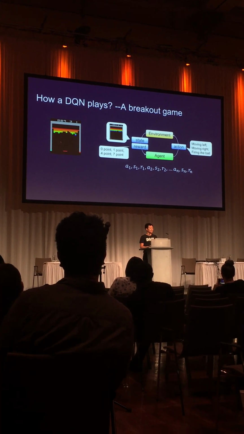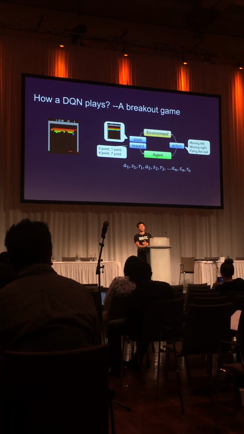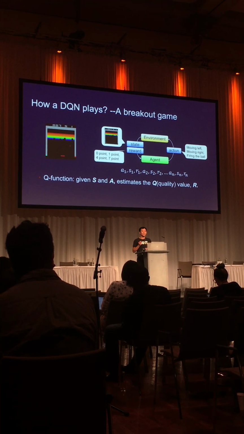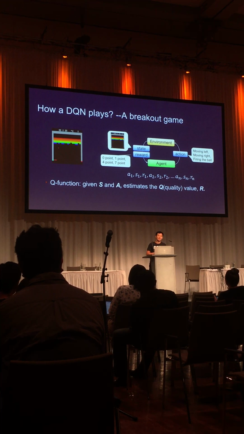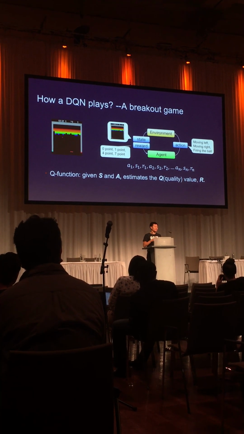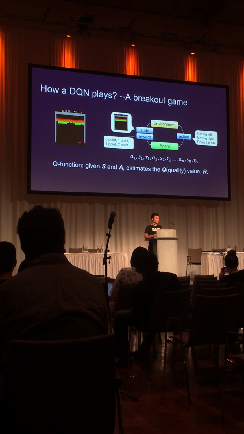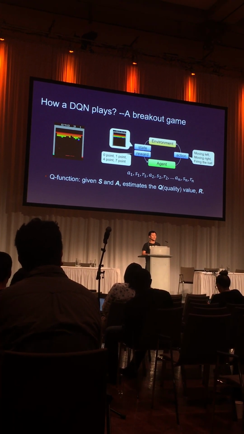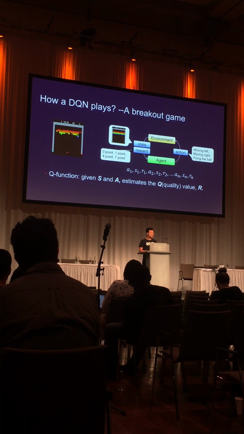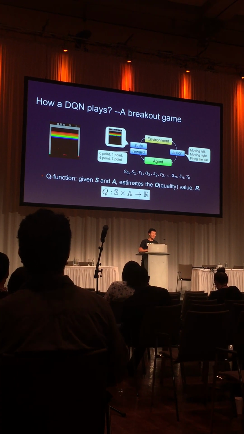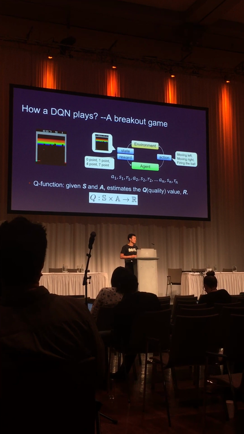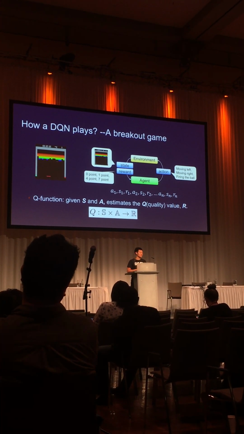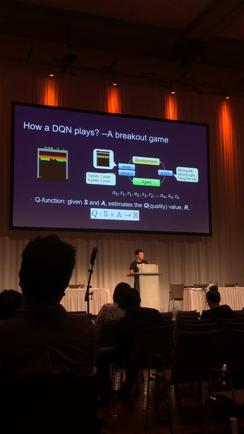The key here is how the agent decides to move. The trick is called a Q function. Given a state, which is the image of the screen, and given an action, the function needs to estimate the quality value, which is R. Let's look at this formula: given S and A, you give me an estimation of R. Trust me, this is the only formula in my slides, and it's quite simple.